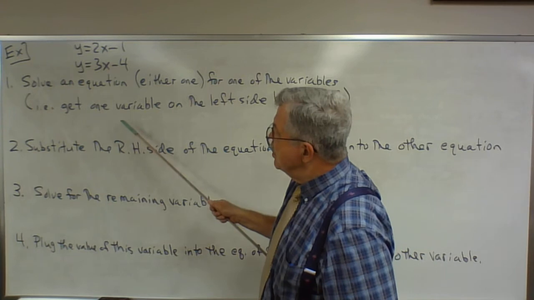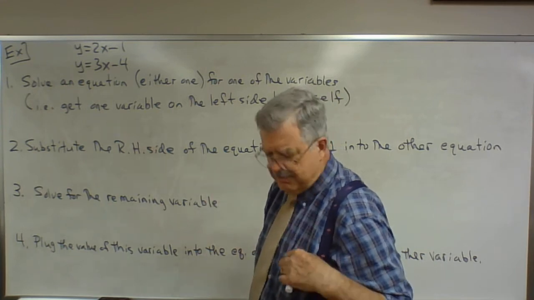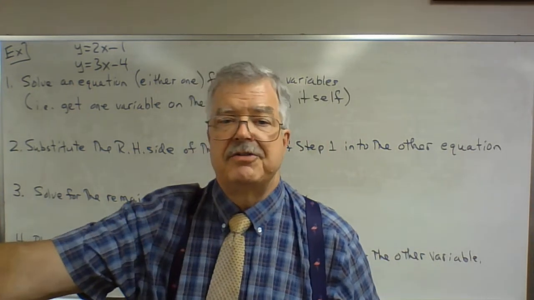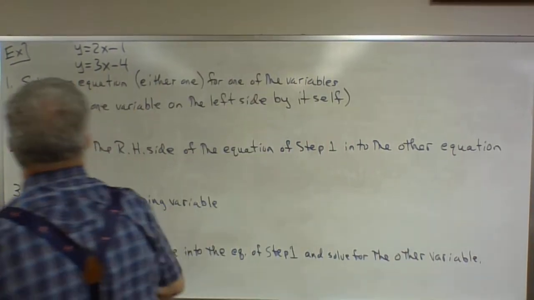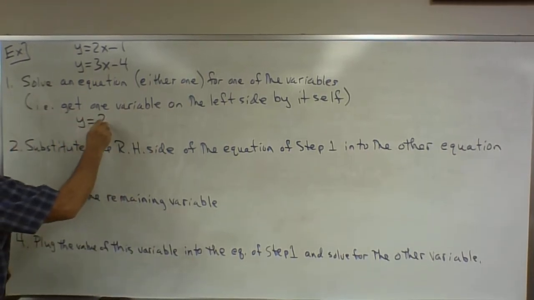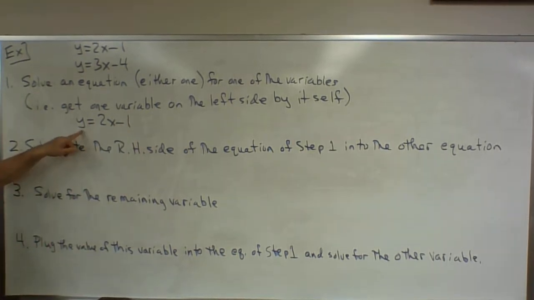So step one is pretty much done for us. I'm just going to pick the first equation. y equals 2x minus 1. See that? y is on the left side by itself. Step one is done.